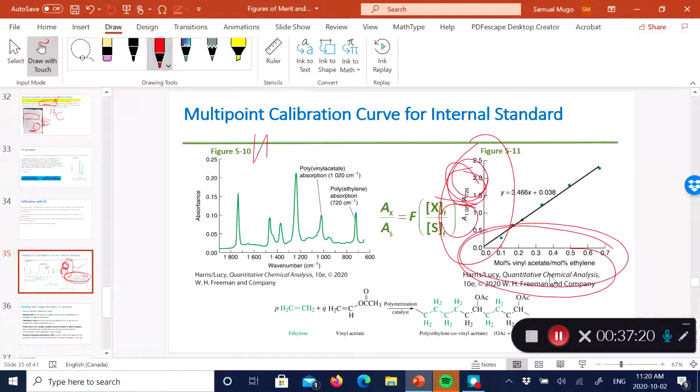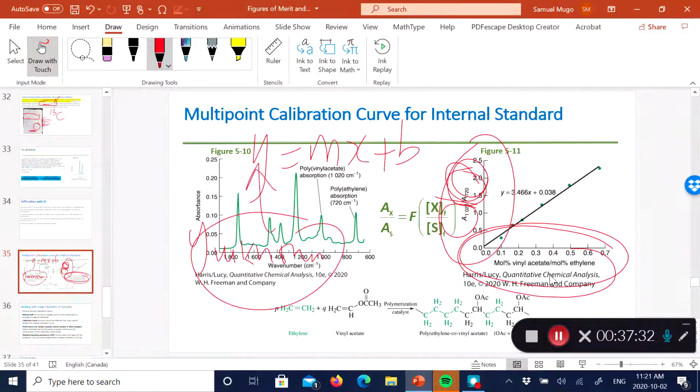So you get the equation of the line, y equals mx plus b. But you already know the y for the unknown, the signal for the unknown. And so you just need to substitute it here so that you can calculate your x, very similar, as I said, to the external standard calibration method. The only difference in this case is you take a ratio of the signal.